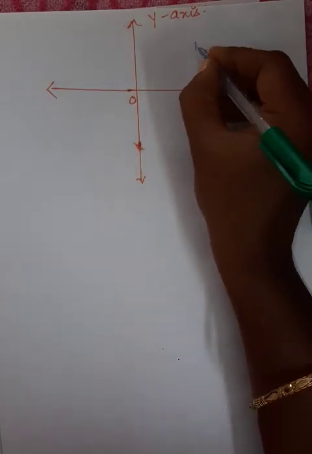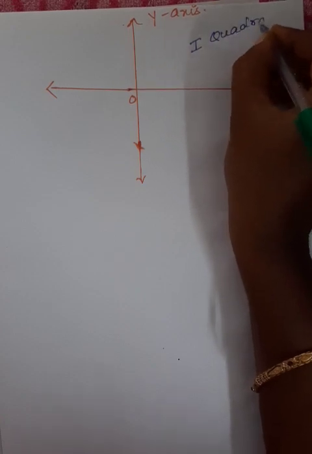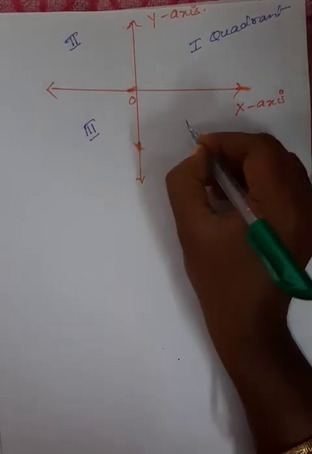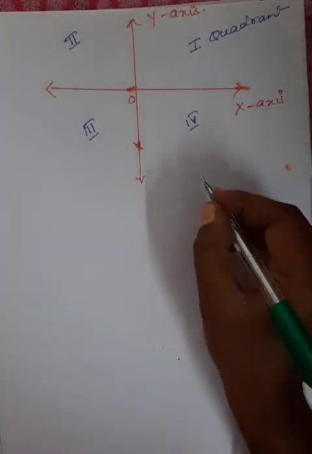So this is known as first quadrant. This is second quadrant. This is third quadrant. This is fourth quadrant. So like this you have to go in the anticlockwise direction.